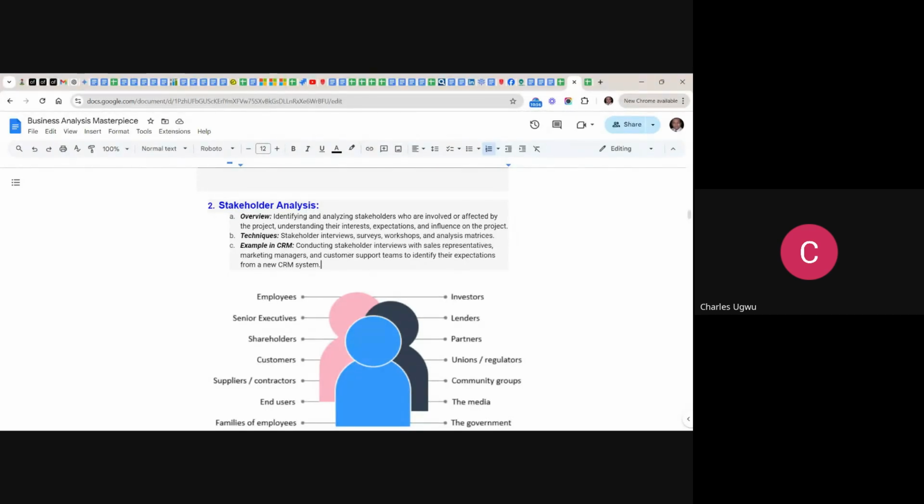At the end of implementation, they are going to be using it on a daily basis, managing their leads, creating lead campaigns, and a lot of things. So you need to understand how they want to use this. You need to understand the platform they are using for their campaign.